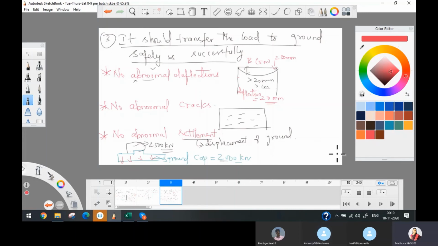So how to ensure whether there is any abnormal settlement or not? If this is the building, how to ensure during your construction?